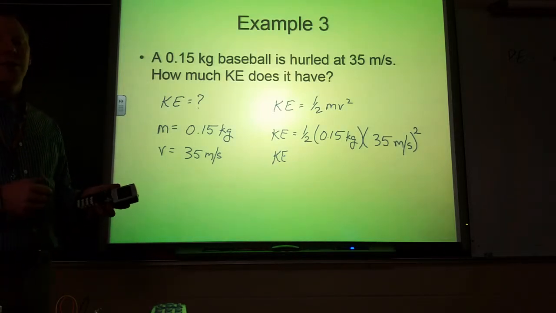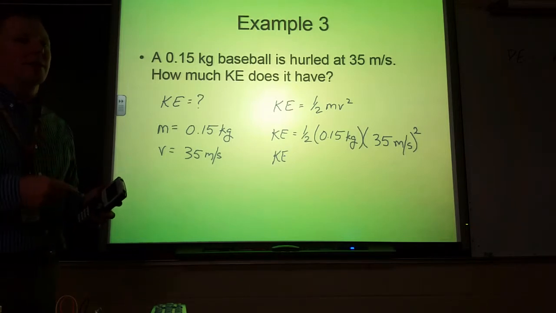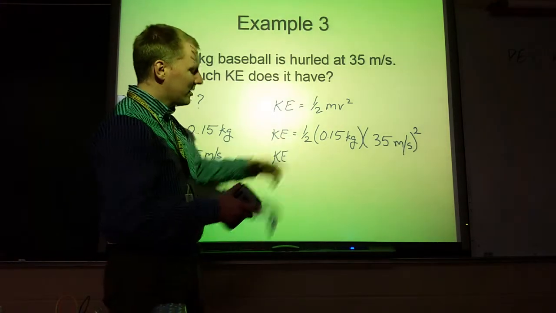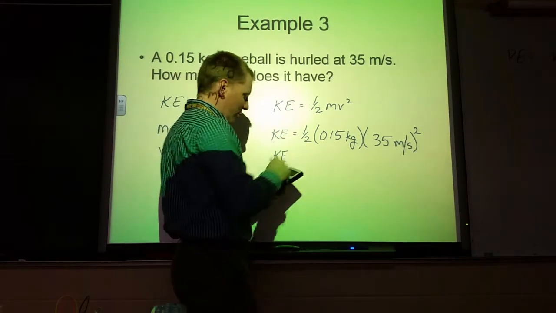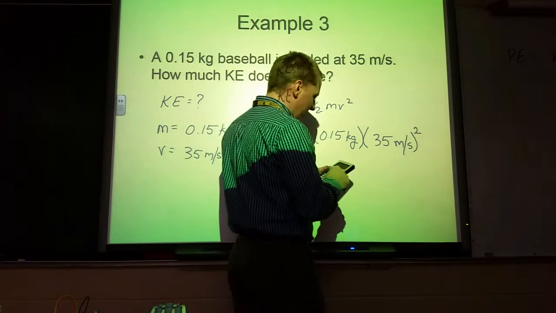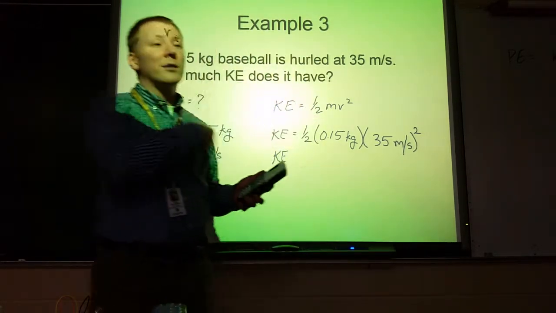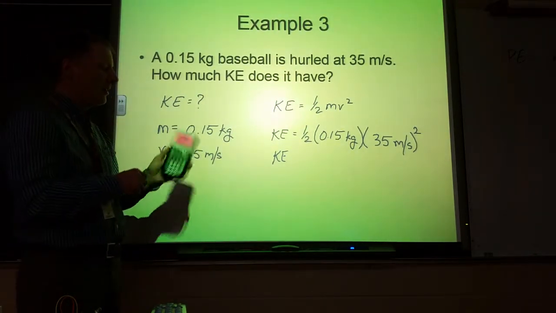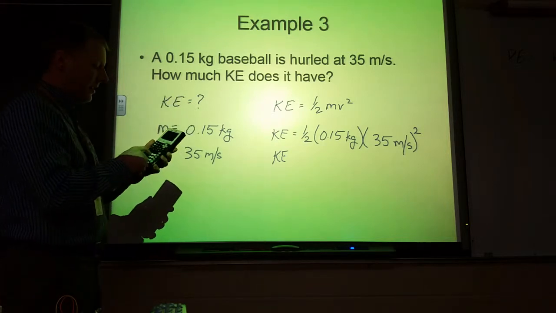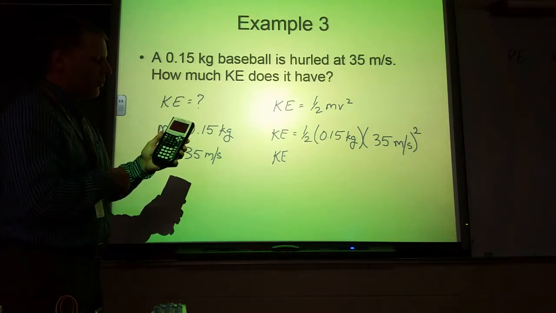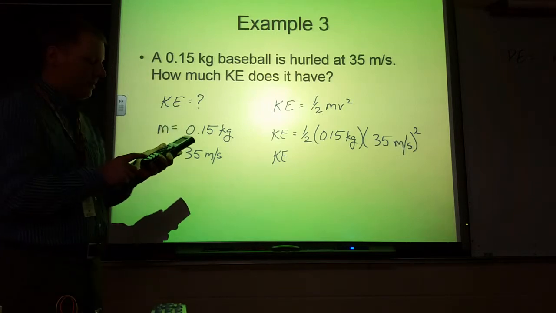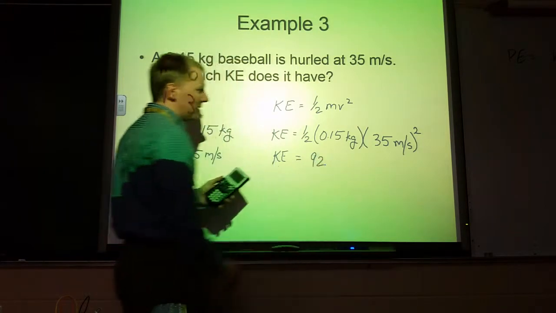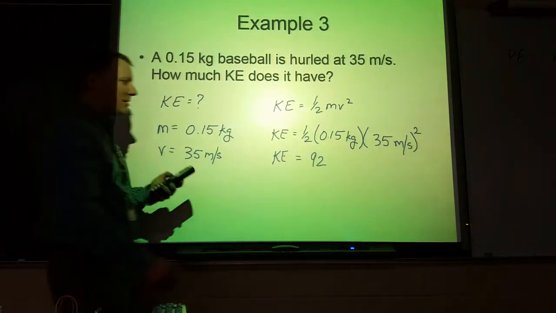If it's somewhat different, play around to make sure that you're using the calculator the way it's intended, because it is possible, unlikely but possible, that if you multiply 0.5 times 0.15 times 35 and then hit your square button, it might decide to square all of it depending on how the calculator is set up. So just do a little bit of experiment. If you've got a TI one, then I'm just going to hit the x squared button there and it squares just the 35. We get about 92 joules.